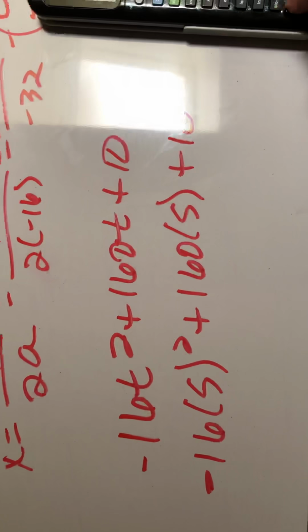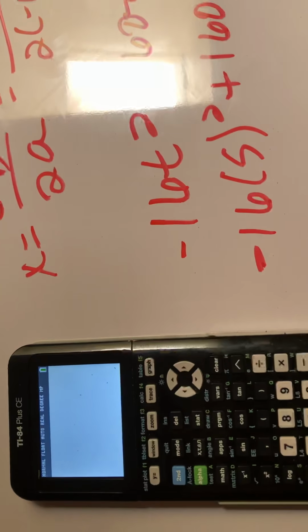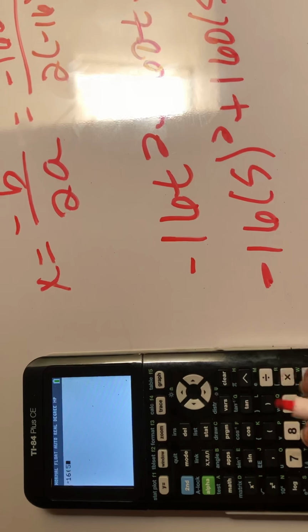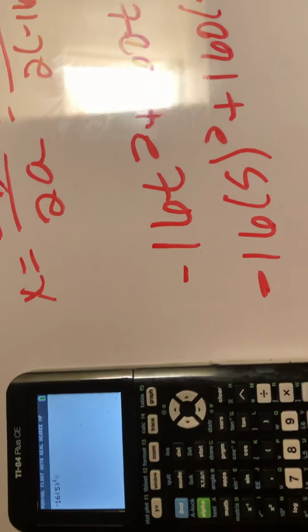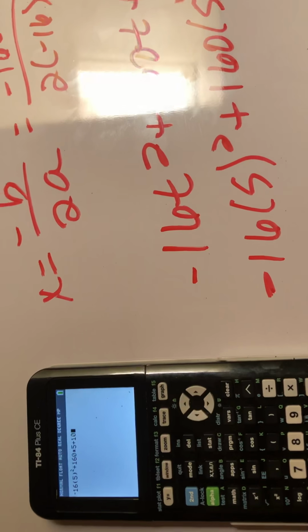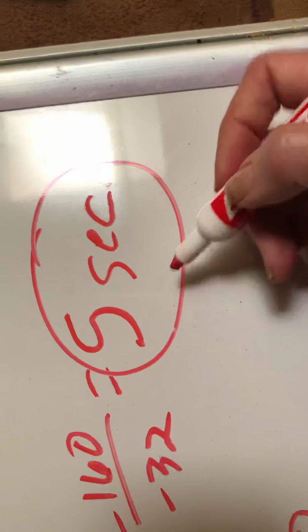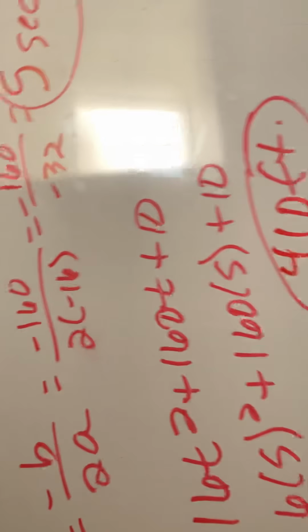And then you just type that in your calculator, just like it is. And you get 410 feet. So that's the highest point it reaches, and it takes 5 seconds to get there. Now you have to find the 5 seconds first, because you have to do the negative b over 2a first, but that's how you do that.